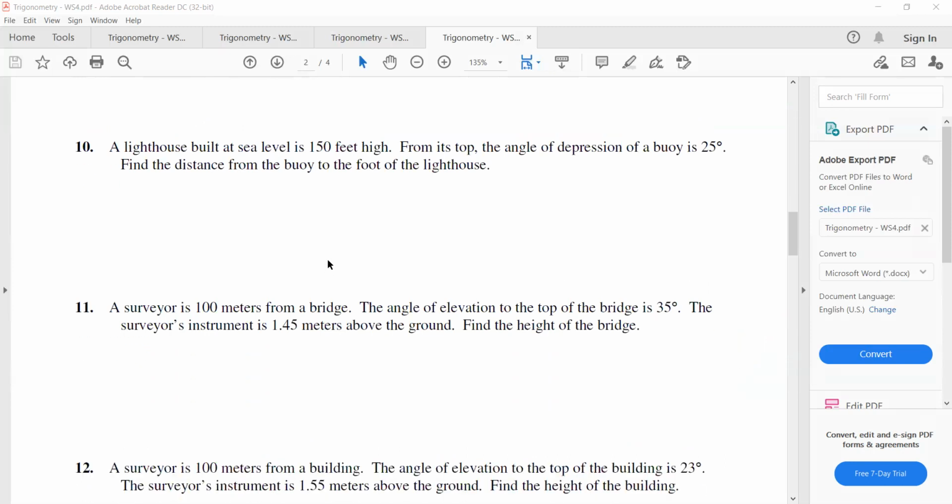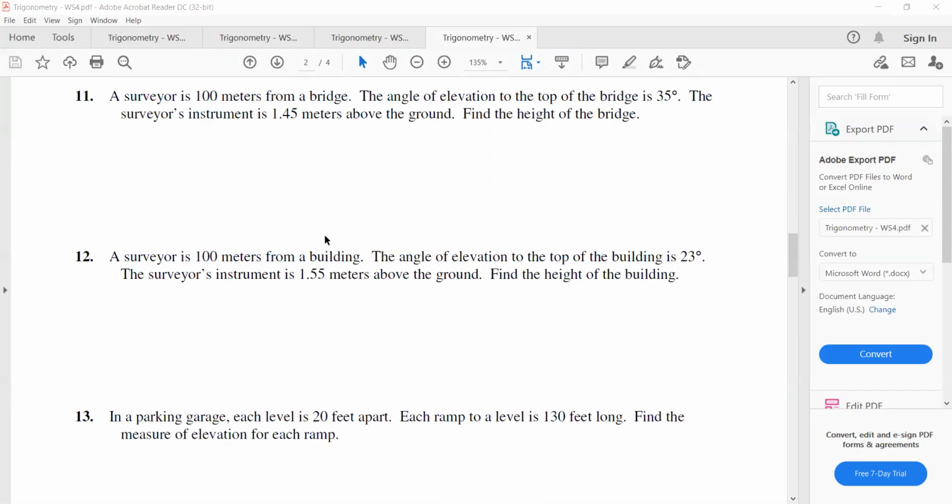Number 11. What is the answer? Could you find number 11? Could you find this answer?